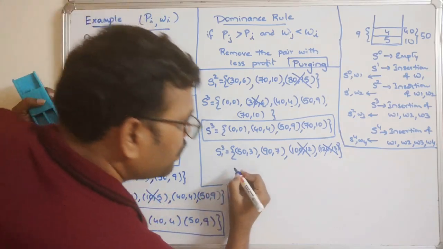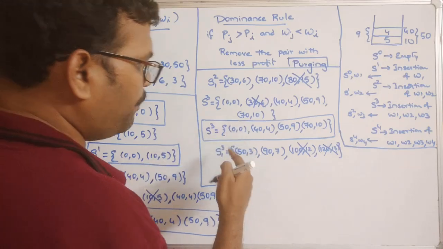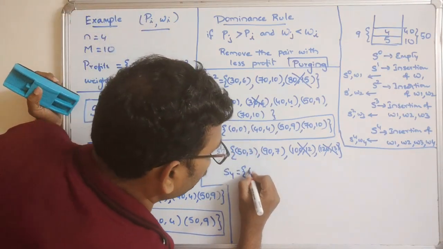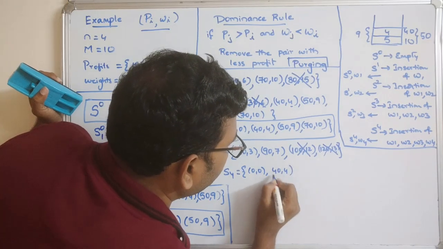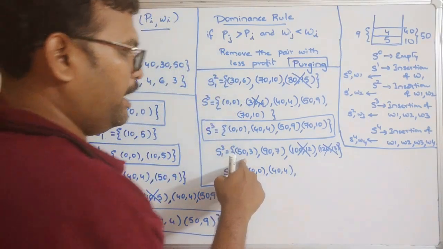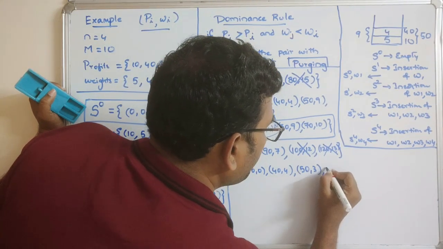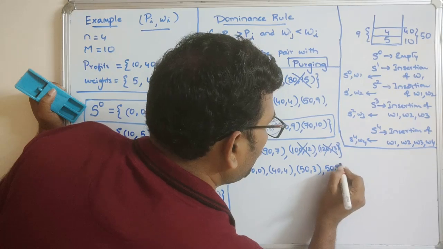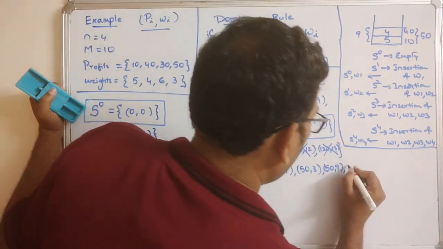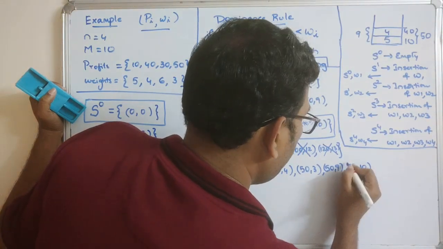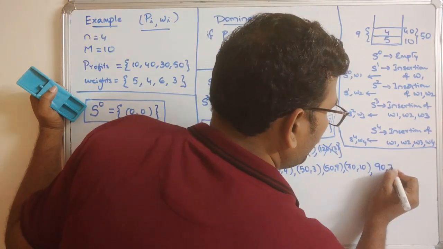Now write the S4. What is S4? Combine both the things. S3: 0, 0, 40, 4, and you can go with 50, 3, 50, 9, 70, 10, 90, 7.